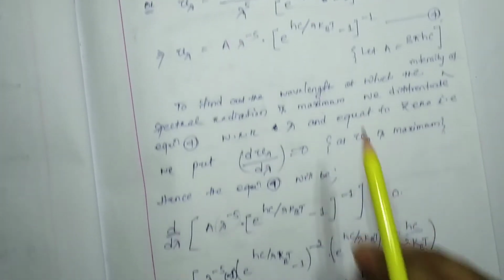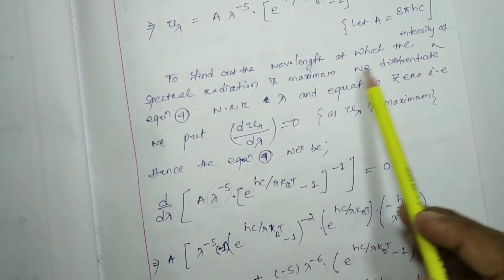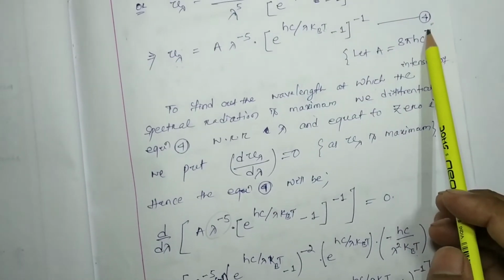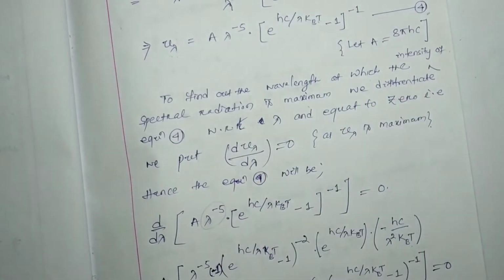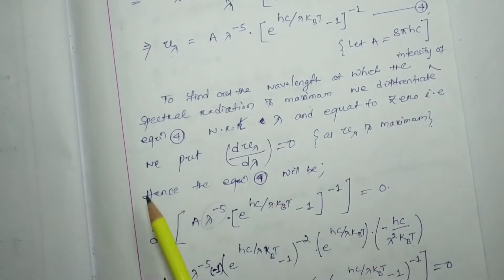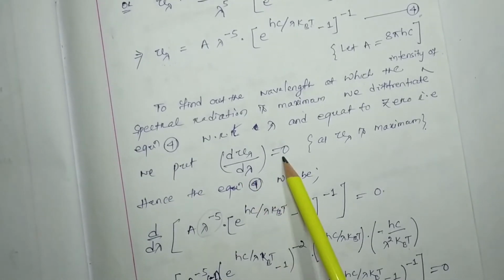We did the same here. The intensity of the spectral radiation is maximum, and we differentiate equation number 4 with respect to lambda and equate to 0. That is, we put d u lambda by d lambda equal to 0 as u lambda is maximum.